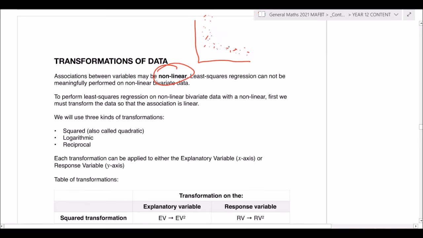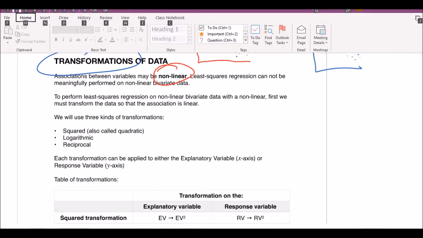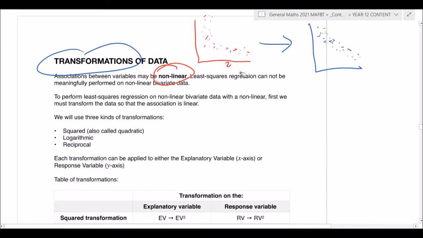So what can we do? Well, if you have a bunch of scatter plots that are not linear, what this transformation does is it makes it straight like this. It makes it into a linear graph. And it does that by making transformations on your x variable down here, or your EV, or your y variable.